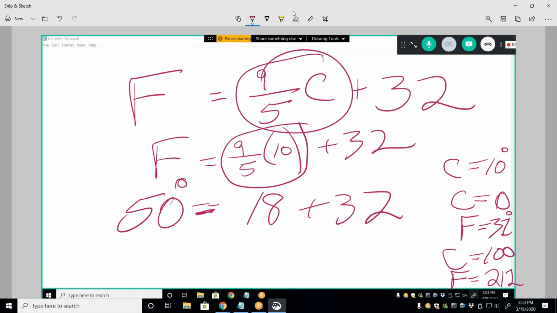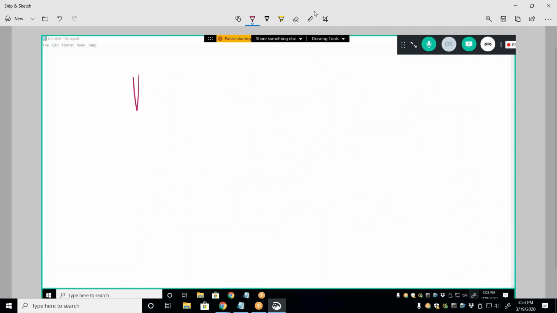That's boiling. So something that is 100 degrees centigrade is boiling, and the same temperature in Fahrenheit would be 212. Okay, now that's the easy way to do it.